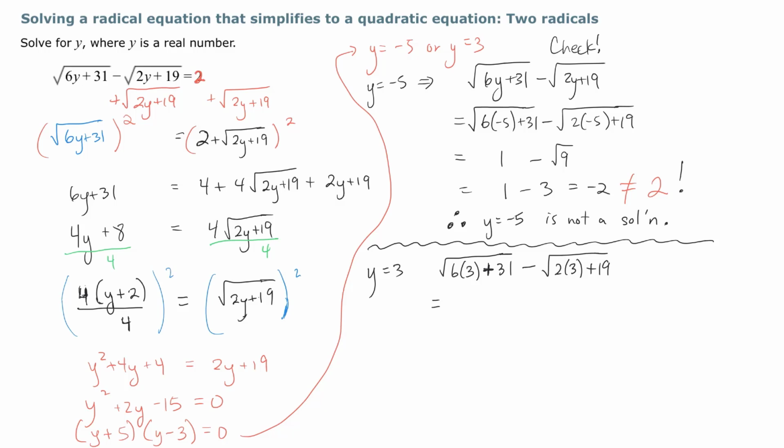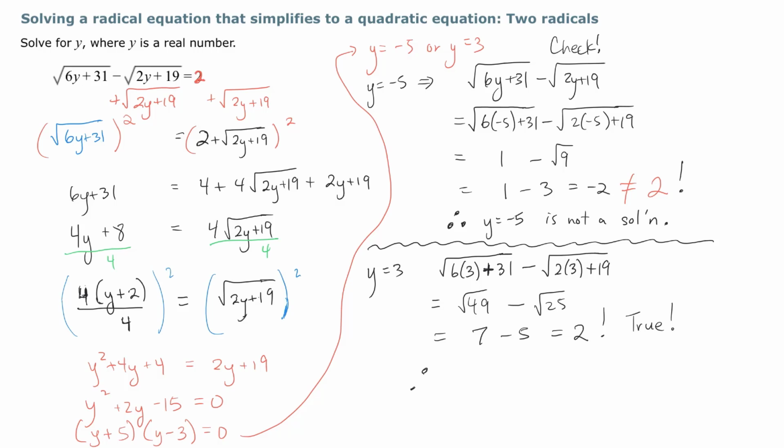And let's see what happens to that expression. We get 18 plus 31, that's the square root of 49, minus 6 plus 19, which is the square root of 25. That's 7 minus 5. Wait, that does in fact equal 2. So this is true. We do have an original true equation.